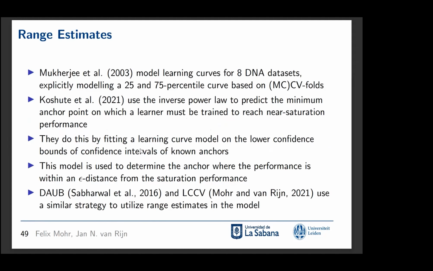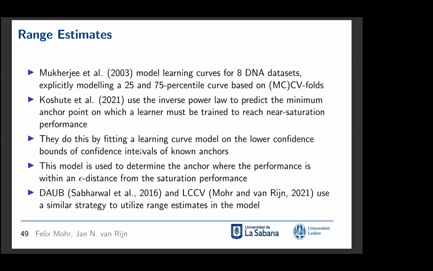A little bit more sophisticated are people that started using range estimates, and this can actually be as simple as having observed certain samples at a certain anchor point, and then not just modeling the average curve, but also modeling the 25th percentile point and the 75th percentile point, and that's basically what Mukarrier et al. do.